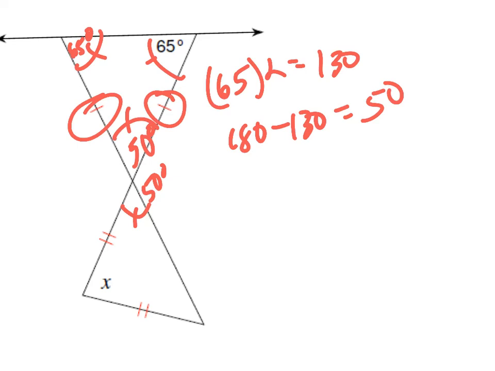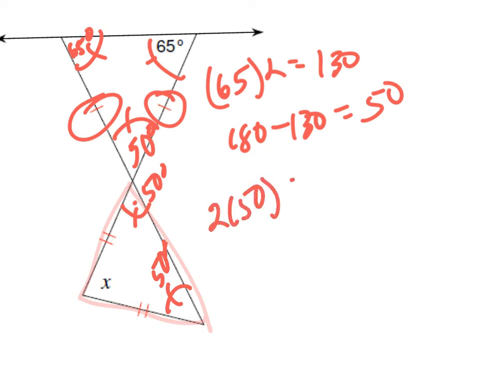Now, I know that this is going to be a vertex angle for this bottom triangle. Let me just highlight this bottom triangle so we know what we're talking about, right? So because this is a base angle, I know that this is going to be congruent. So this is also 50 degrees, right? So 2 times 50 is equal to 100, right?